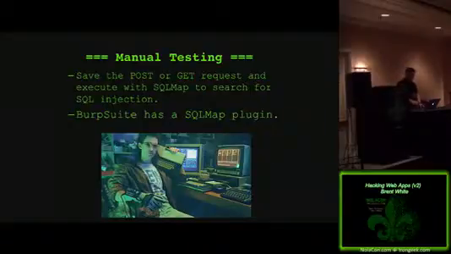You can do very extensive and exhaustive tests on each parameter, and it will usually give you a pretty high level of confidence if it is or isn't vulnerable to SQL injection or OS command injection.